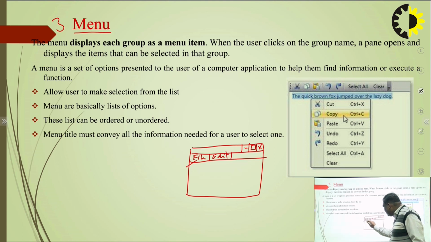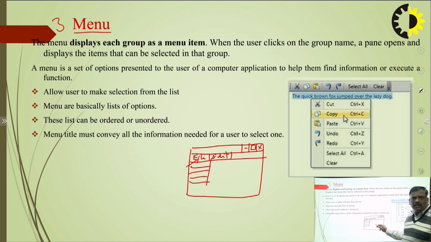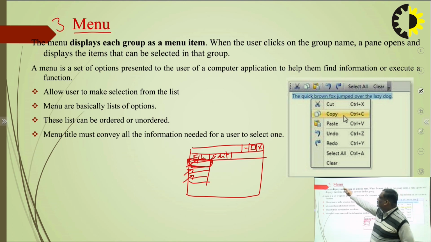You click on File, and options are present in it: Save as, Open, Save, Exit. So these lists are present in our window or screen. We click on these options and some action will be performed. So this one is known as menus.